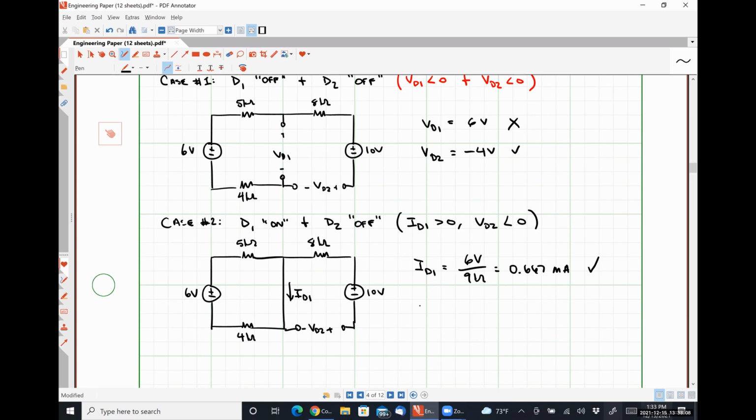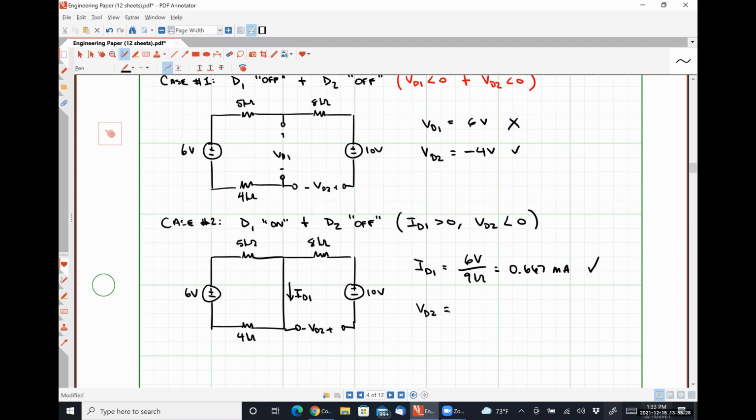Let's see, then we have VD2. What's that going to be? So I hear -4 and I hear -10, which is correct. -10 is correct, right?